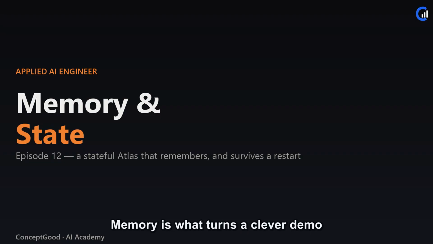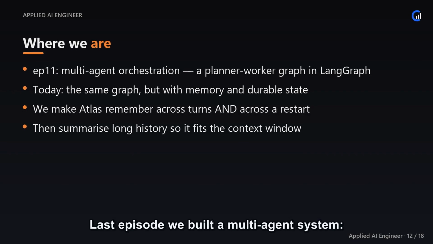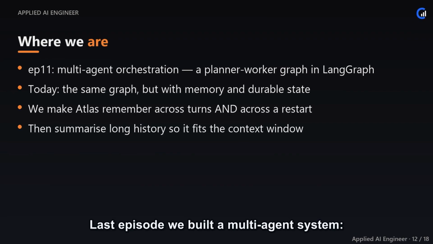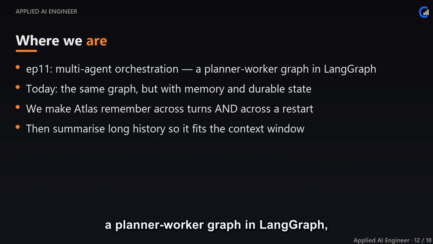Memory is what turns a clever demo into something that feels like an assistant. Last episode we built a multi-agent system, a planner worker graph in LangGraph, with subagents handing work to each other and a human-in-the-loop interrupt. That graph could reason across nodes, but the moment a run finished, everything it learned evaporated.